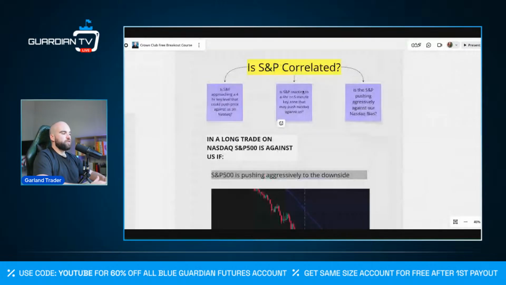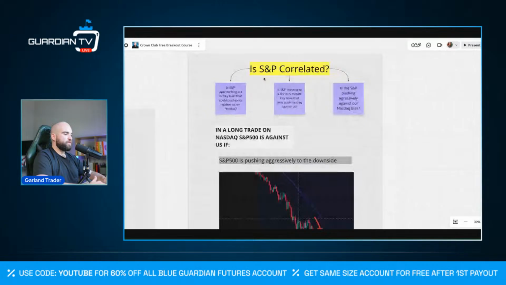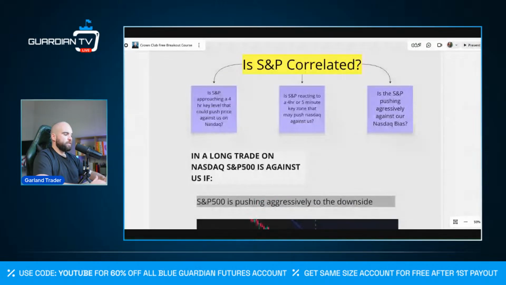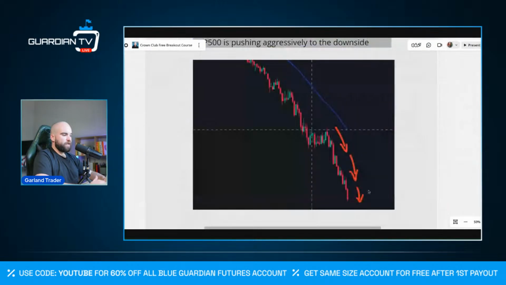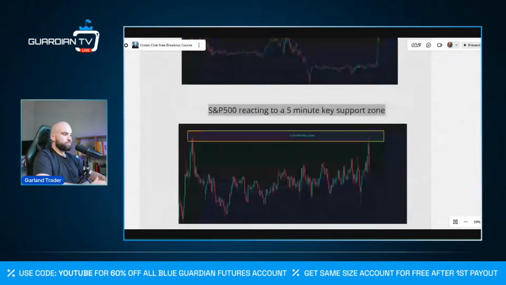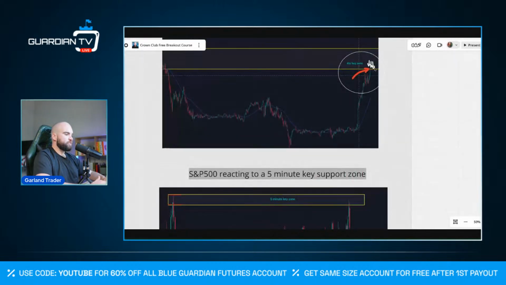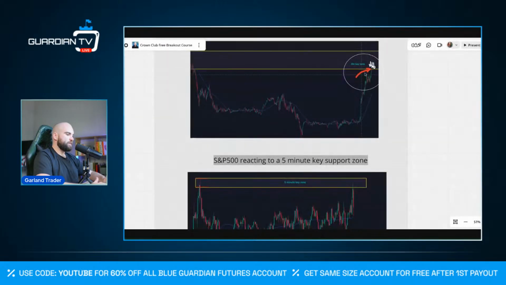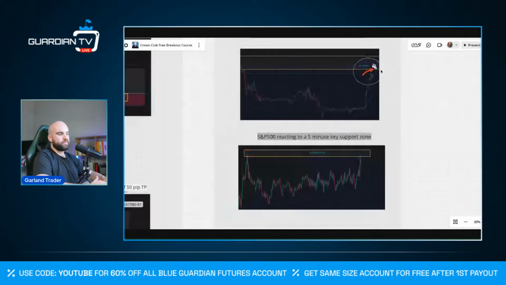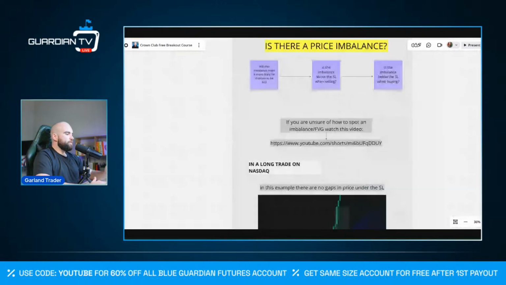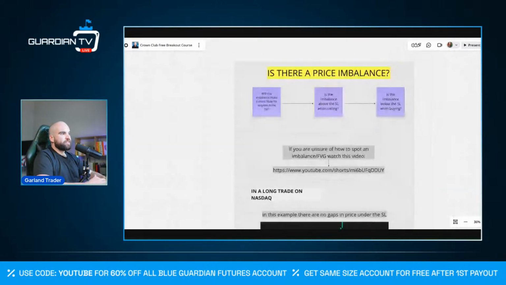Next thing you want to look at is, is the S&P 500 in favor of your trade? Okay, so if you're trying to take buys and it's pushing down, you want to stay out of that trade. Okay, if it is about to react to a 4-hour zone, you want to stay out of that trade. If you're trying to take a buy and it's reacting to a resistance zone on the S&P, then is there an imbalance below your stop loss if you're taking a buy?